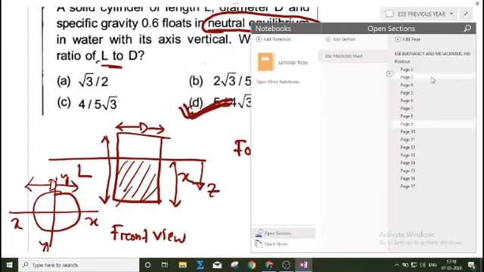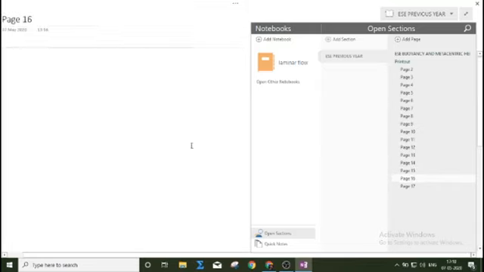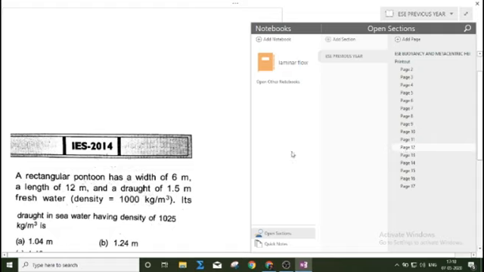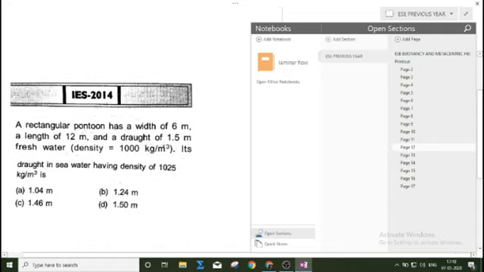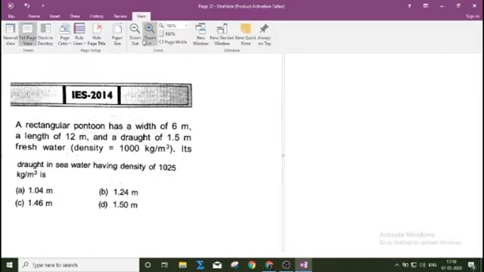Now we will go to the last question of today's class. Yes, this is the last question of today's class to solve.